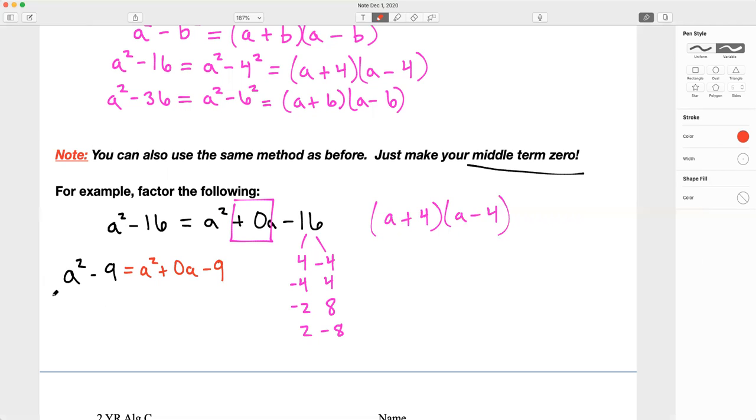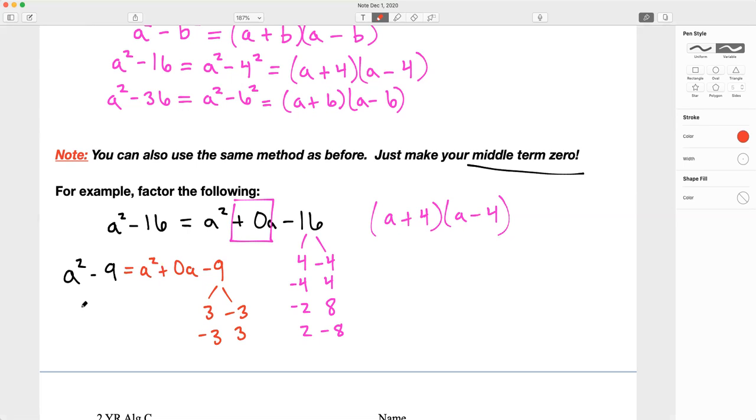If you ever see this type of thing where you only have two perfect squares with a minus sign in between, you just add the middle term and put a 0 coefficient in front of it, okay? Now what will that be? We're looking for two numbers that multiply to 9 that are the same. Well, they're 3 and 3. So I'm going to go 3 and negative 3, though, because we have a negative 9. So 3 times negative 3 is negative 9, or negative 3 times 3. And when we add them together, it gives us our 0 right there.